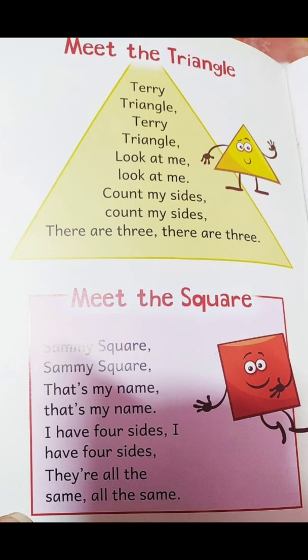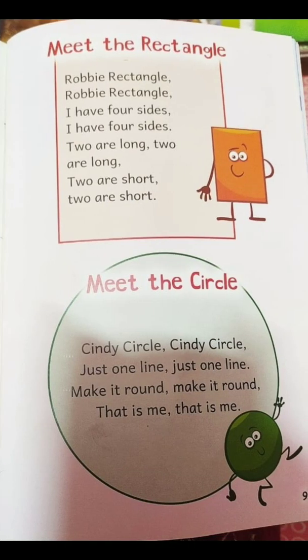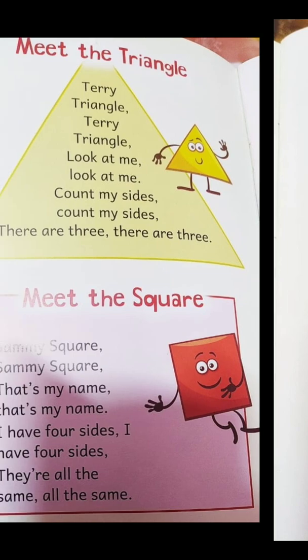Now, once again, Robbie rectangle, I have four sides, I have four sides. Two are long, two are long, two are short, two are short. Cindy circle, just one line, just one line. Make it round, make it round. That is me, that is me.